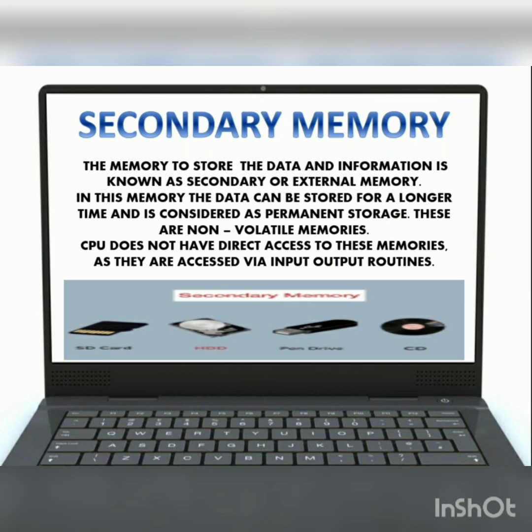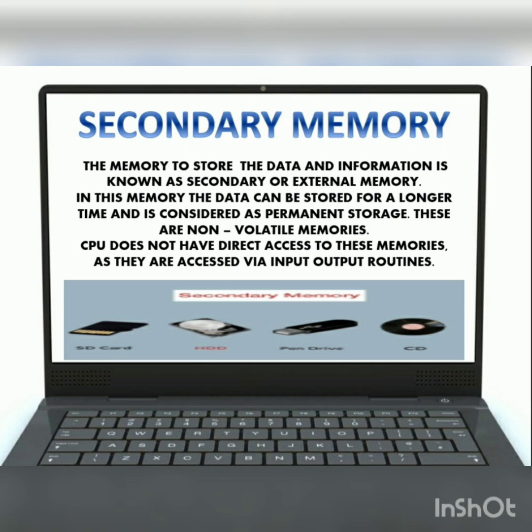These are not permanently attached to the computer. So when you insert the pen drive into your computer, then only the CPU gets access to that pen drive. That is secondary memory. There are other examples also: SD card, HDD, where HDD stands for hard disk drive, pen drive, and CD, which stands for compact disk.